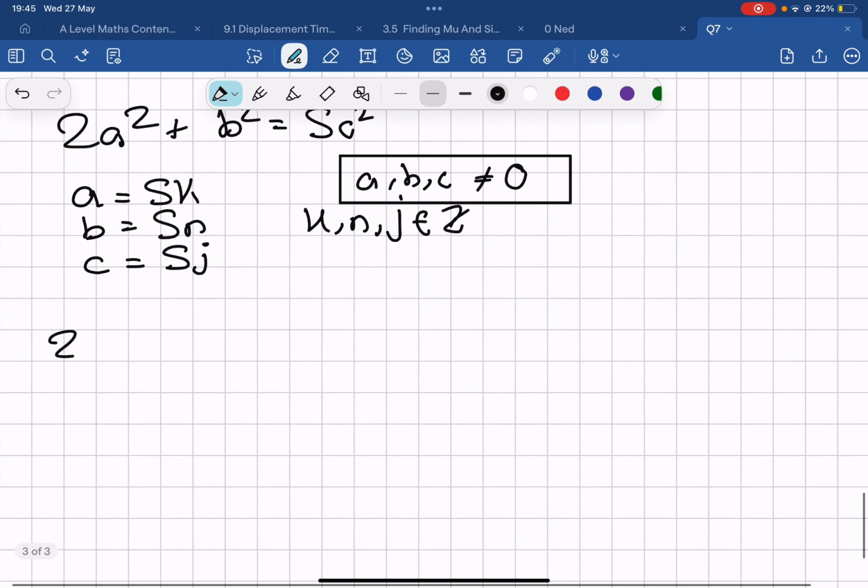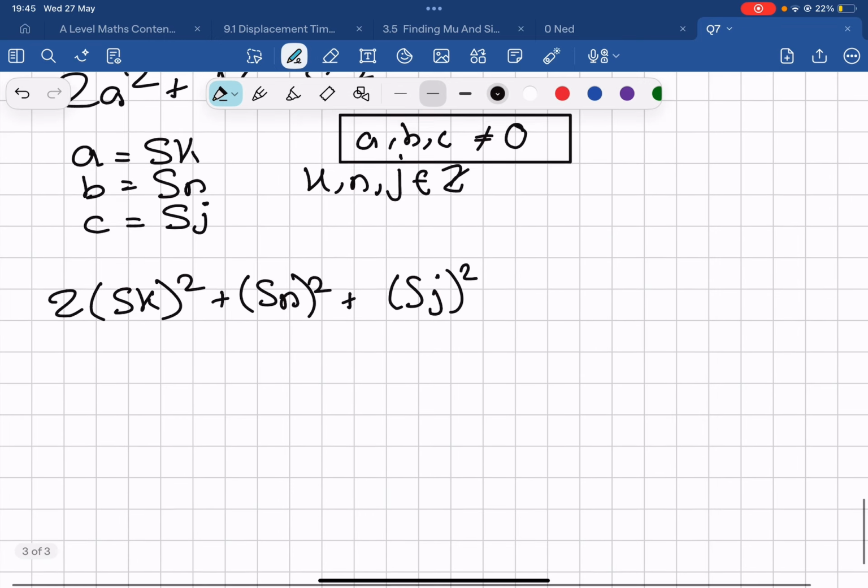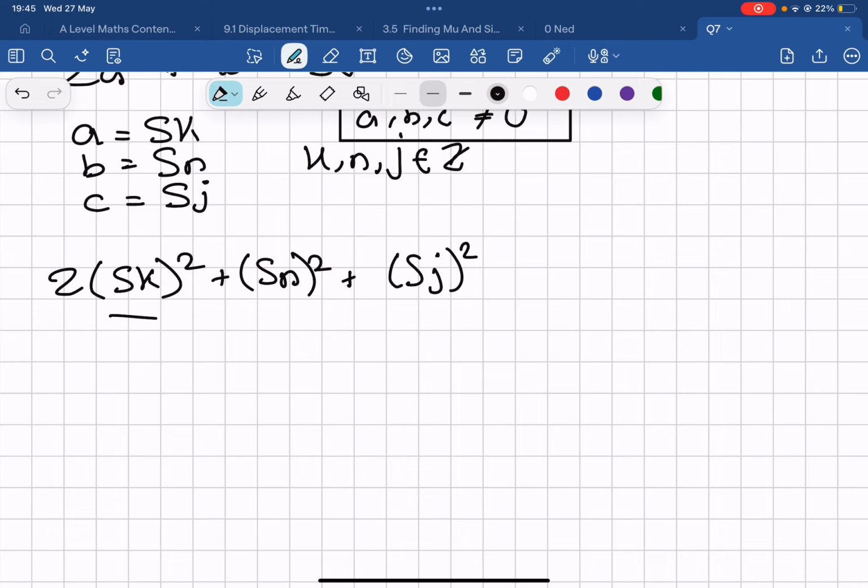So let's sub in our values. 2 times (5k) squared plus (5n) squared equals 5 times (5j) squared. Now each of these terms has 25 in it, so we can just divide by 25.